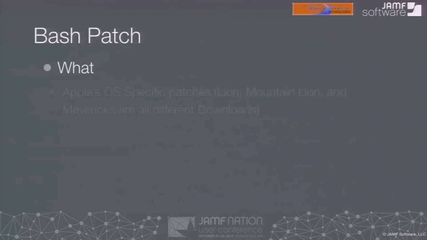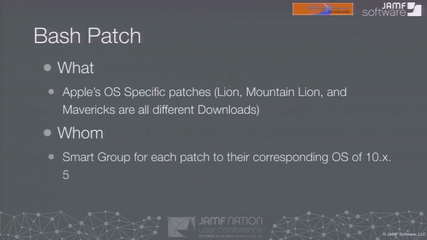For the Bash patch, we had Lion, Mountain Lion, and Mavericks. Three different versions available to patch Bash. They're very specific, and even more so, it has to be the .5 release of each one. So 10.7.5, 10.8.5, 10.9.5.